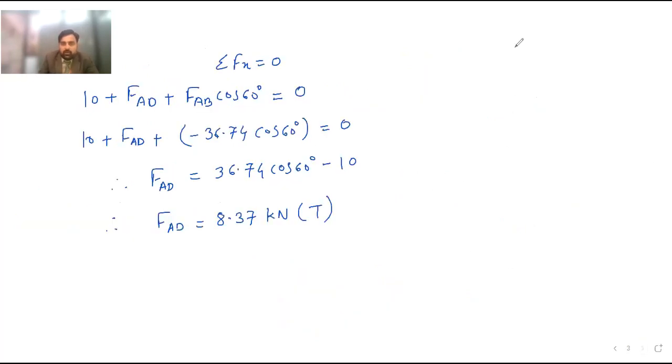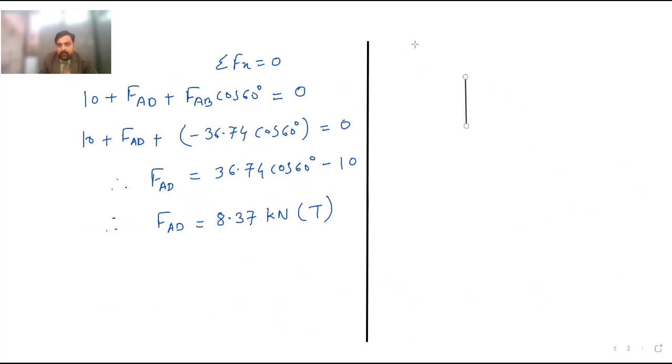So here I will draw the free body diagram of joint B. First of all, vertical line and horizontal line that I will draw.